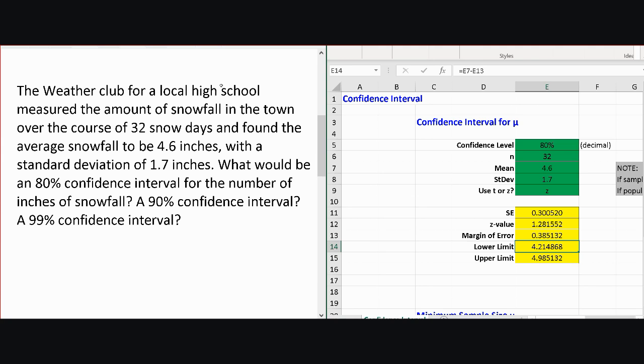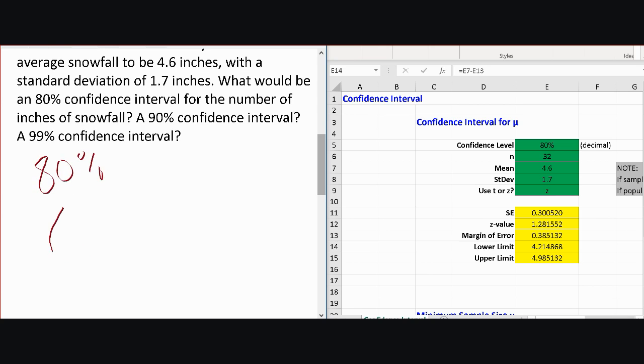So we are 80% confident. Let's interpret that. We are 80% confident that our population mean is somewhere between 4.2 inches of snow and 5 inches of snow. And that should make sense, right? Because 4.6 is right there in the middle. 4.2 up to 4.6 is about 0.4, which is that margin of error, and 4.6 up to 5 is 0.4, which is that margin of error.